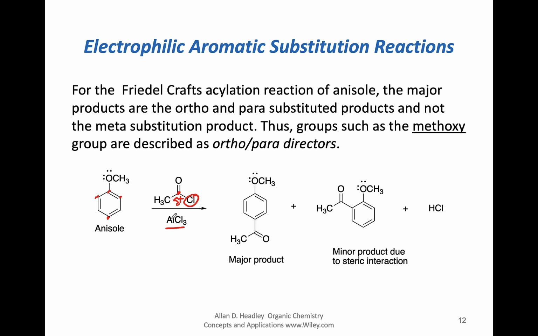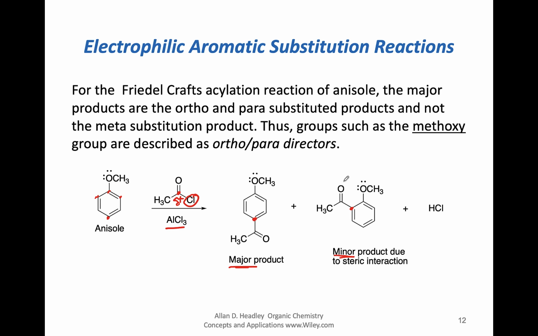So after the reaction is done, you should get two products, with the substitution in the para position and the ortho position. Notice that we're writing this as the major product and this as the minor product. Why?